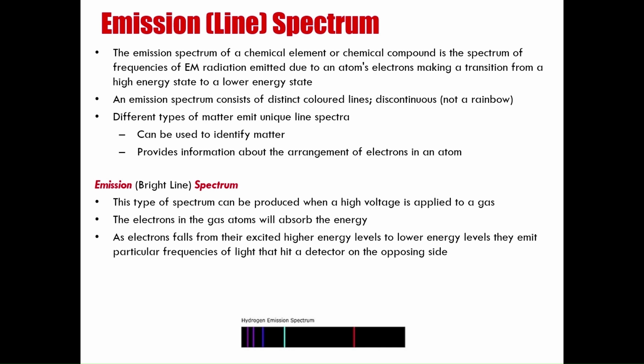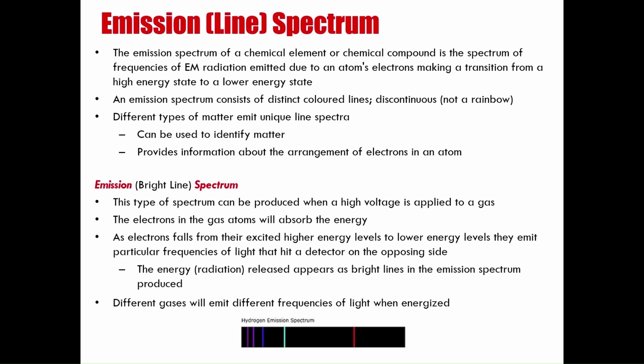And when they do that, they emit particular frequencies of light that will hit a detector on the opposite side and create these bright line spectrums. The energy or radiation released appears as bright lines on the spectrum. Different gases will emit different frequencies of light when energized, okay?